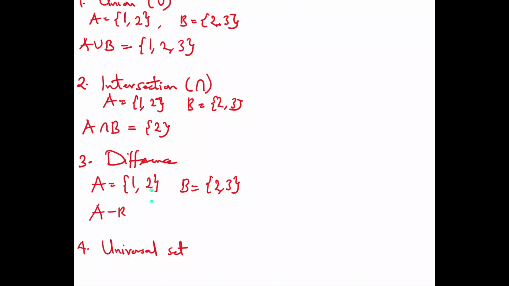If we are to do A minus B, it is going to be 1. We are trying to say A is the general set, so anything that we cannot find in the other set, which is B, is what we are going to write down. So that will be 1.